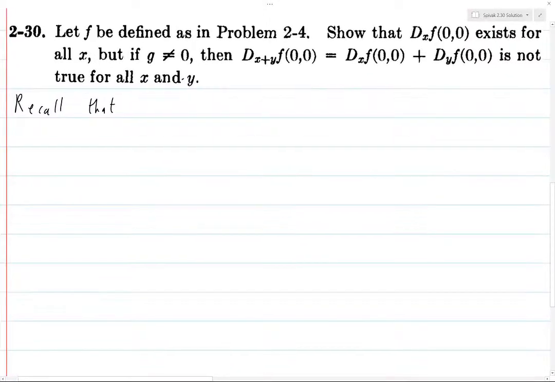Recall that g is continuous on the unit circle. So it's g from R2 to R, and it's continuous on the unit circle.